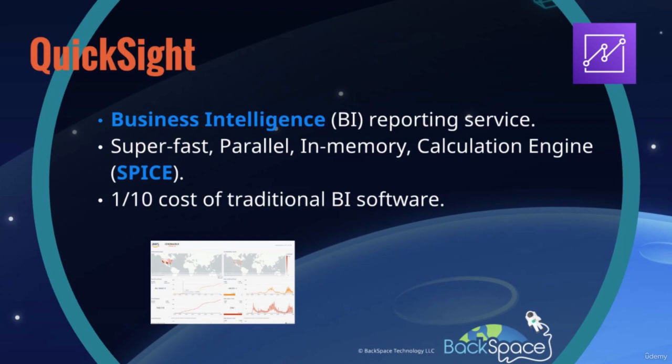And when QuickSight was released, AWS did claim that it would be 1/10 the cost of traditional business intelligence software. So using QuickSight over something like Tableau will give you significant cost savings, as well as the obvious advantage of using something that is integrated with AWS, where your data is actually located.